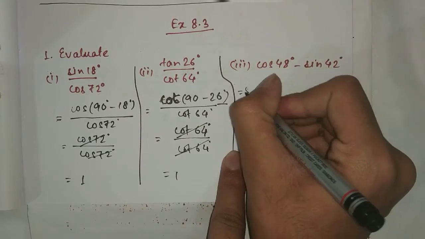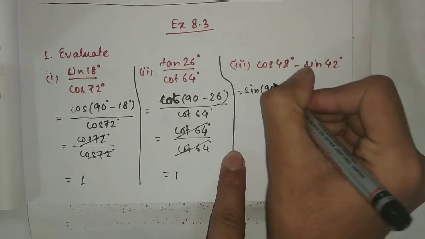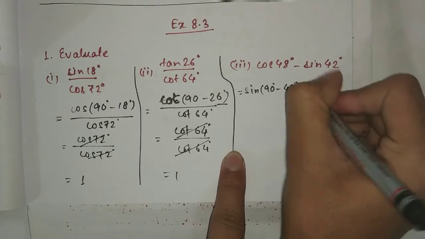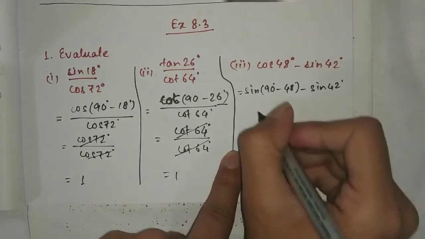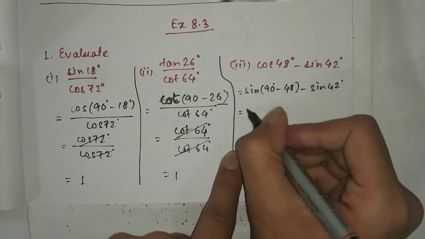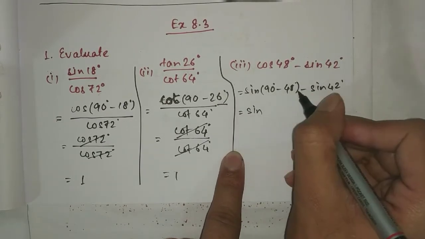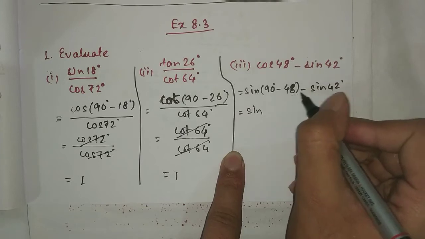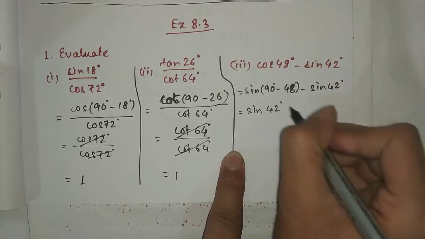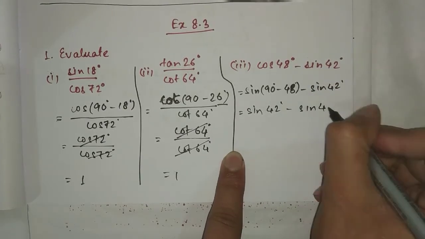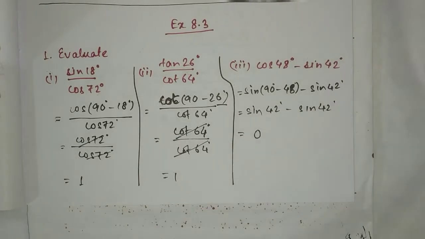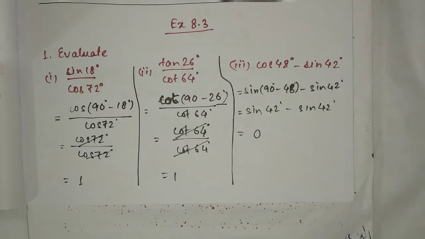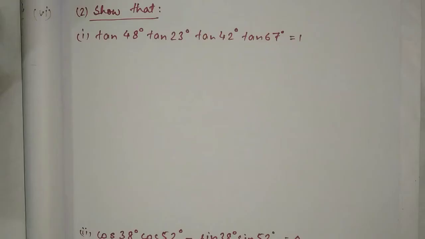So cos of 48 becomes sine of 90 degrees minus 48 degrees, and the second part remains the same, that is sine 42 degrees. Now 90 degrees minus 48 degrees comes out to be 42 degrees, and the other remains 42 degrees. Now they both get cancelled out and it gives us the answer to be 0.